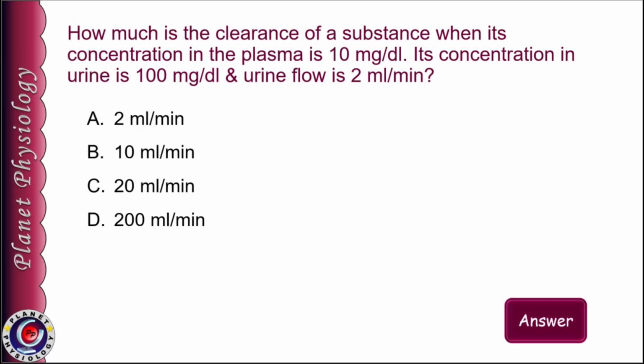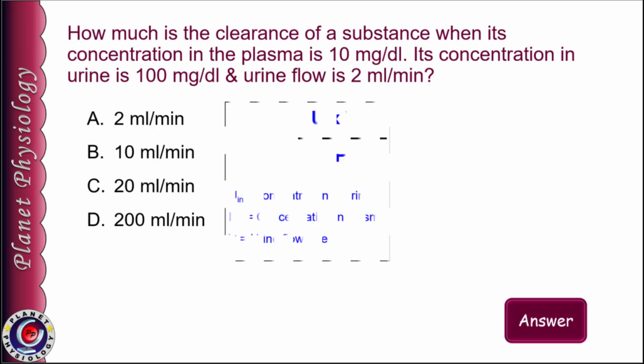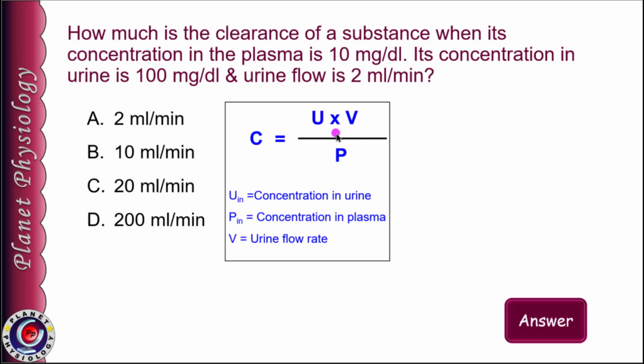So renal clearance is the volume of plasma which is completely cleared of the substance per unit time. Formula for its calculation is UV by P, where U is concentration of the substance in urine, P is concentration in the plasma and V is urine flow rate.